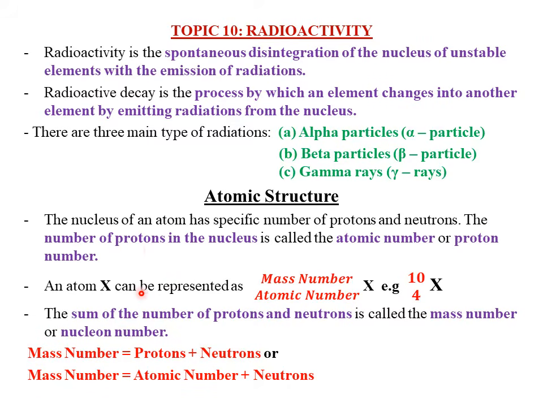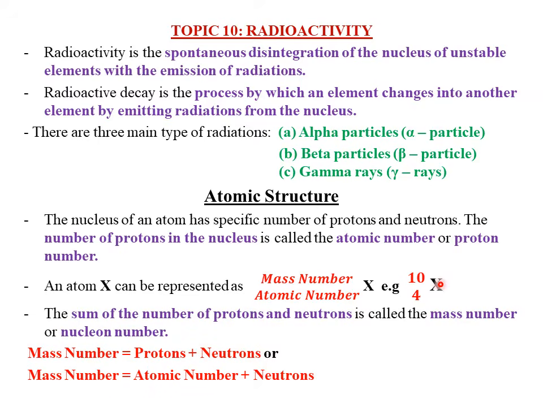An atom X can be represented as shown in this symbol here. The superscript represents the mass number of the atom, and the subscript represents the atomic number of the atom, which is equal to the proton number.